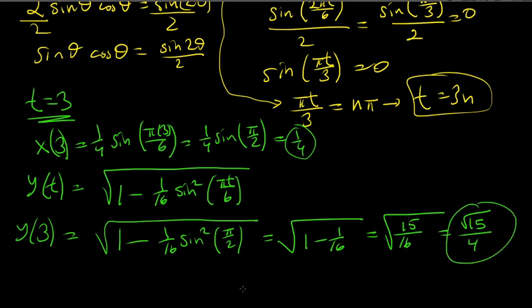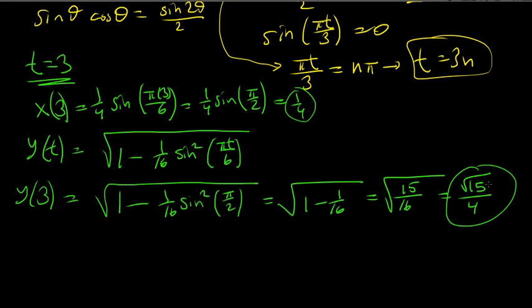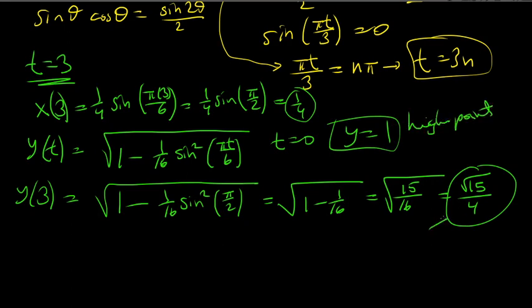So that should be the lowest point, right? The highest point should be 1. If t is 0, then y is 1. So that's the high point. This is the lowest point.